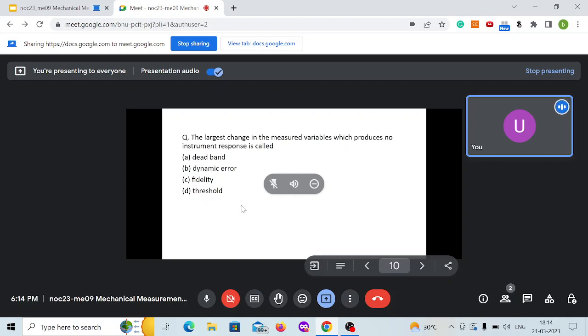Moving on to the next question. The largest change in the measured variable which produces no instrument response is called A, deadband, B, dynamic error, C, fidelity, D, threshold.